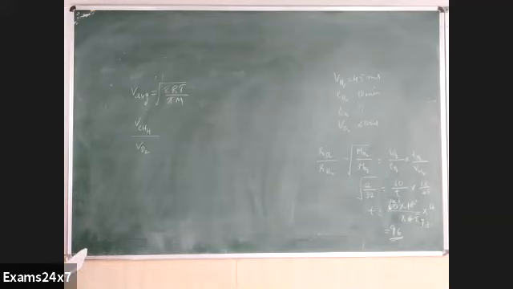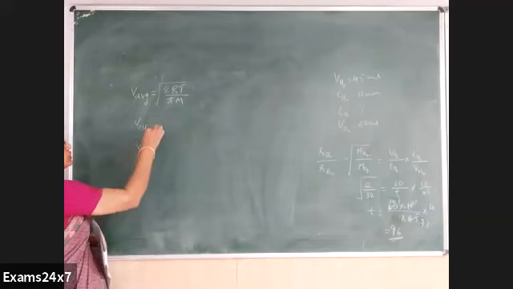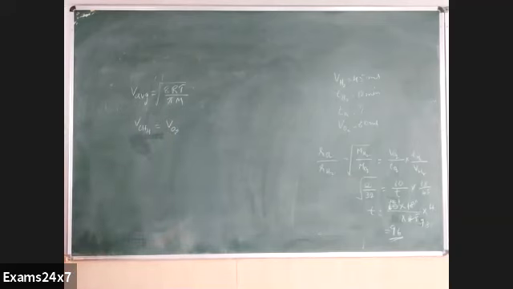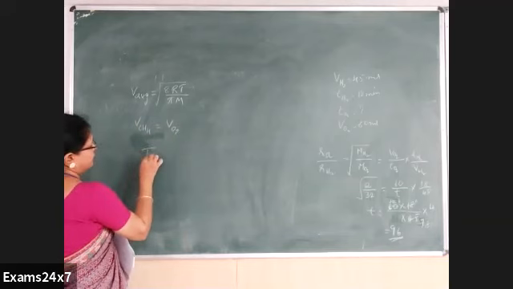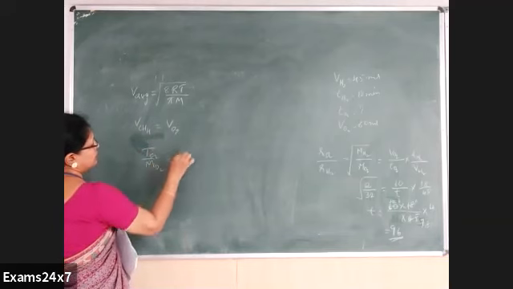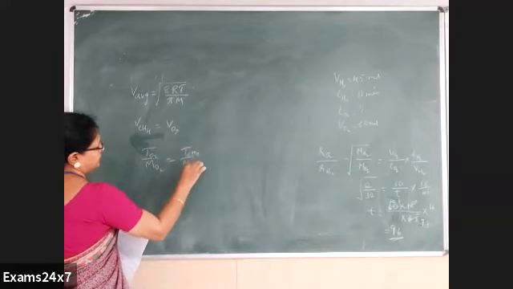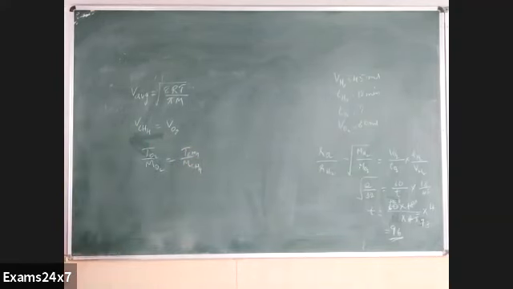They've said at what temperature the average speed of the two molecules are the same. Then what can be done here? Therefore, T by M for oxygen should be equal to T by M of methane. Right?